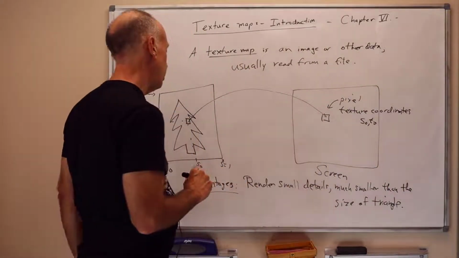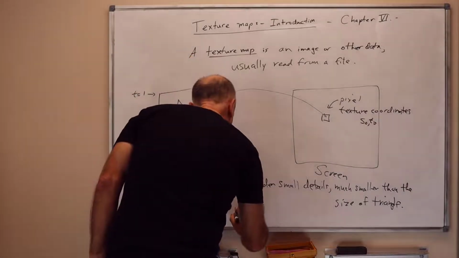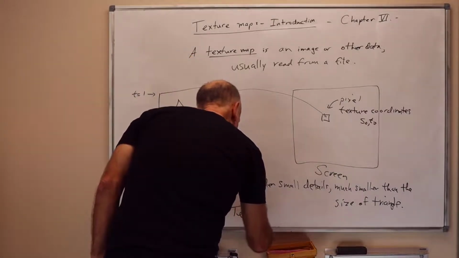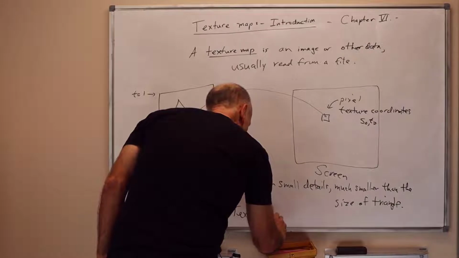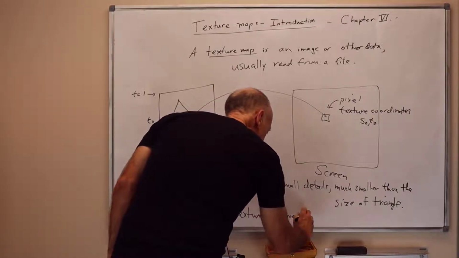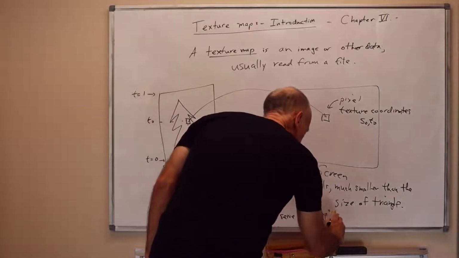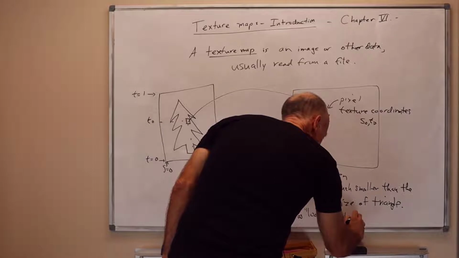And more generally, a texture map can serve as a lookup table for a two-dimensional array for any kind of data.